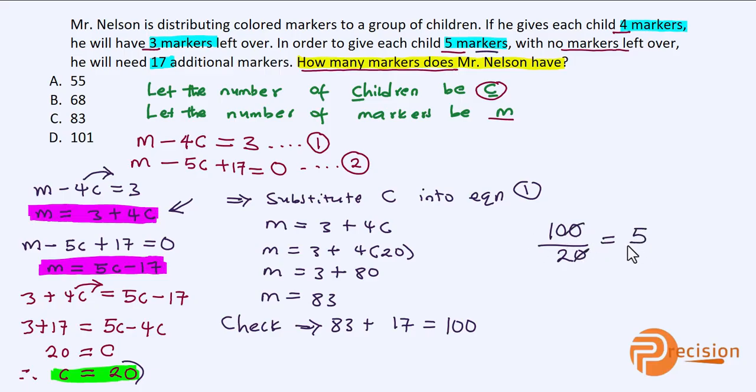So which means 5 markers. Makes sense. So he needed 17 additional markers for him to be able to share 5 markers to each of the children without any remainder. So he had 83 markers and needed 17 additional markers. The right option is option C.